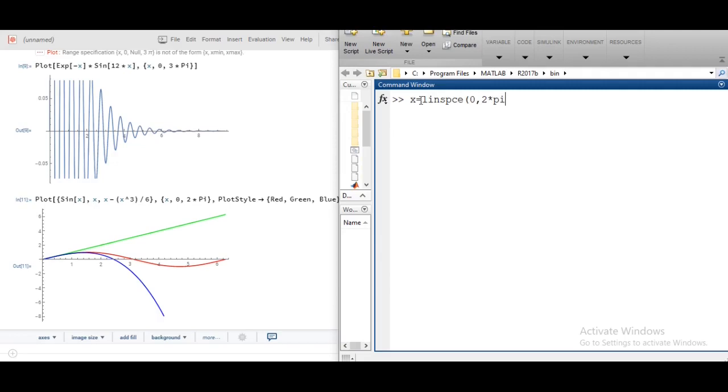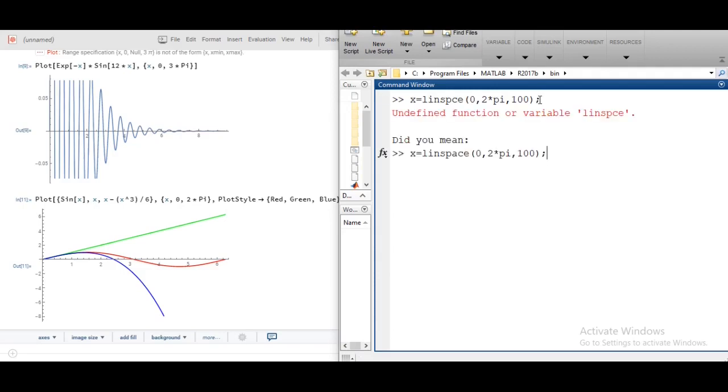Here we can see that pi starts with a small letter, so 2 pi, and we can divide it into 100 parts. Then we don't want the result displayed here, so we separate it with a semicolon. So here we are writing it this way.